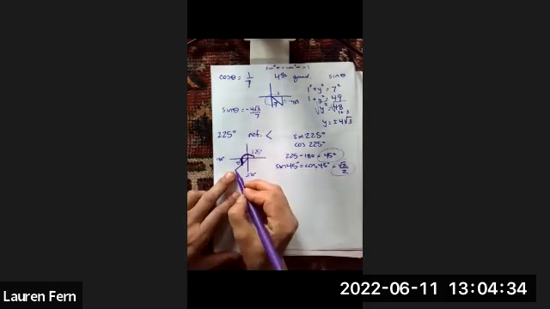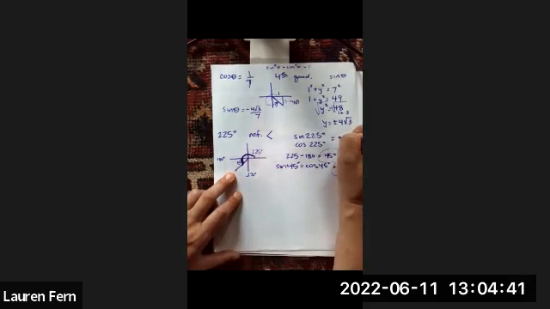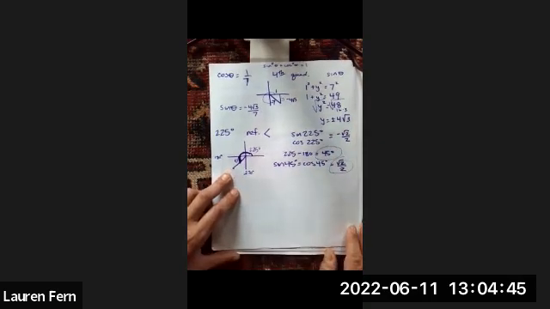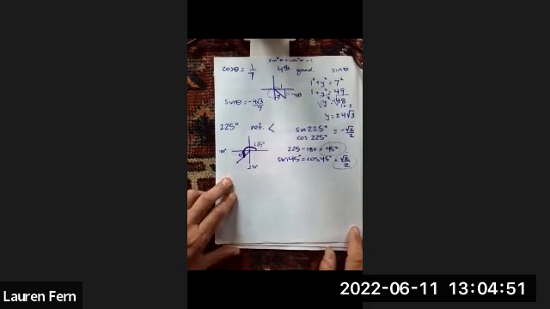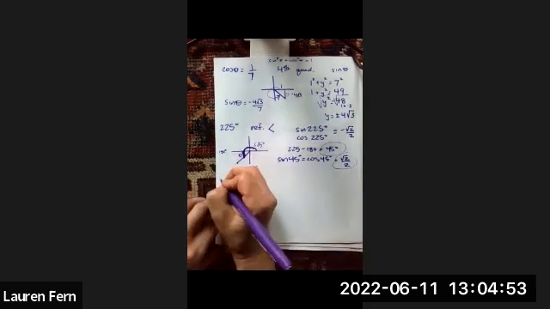And now we adjust for the quadrant we're in. We know that both our x and our y values are negative here. So both of these are negative root 2 over 2. This may seem funky, totally takes a lot of practice.